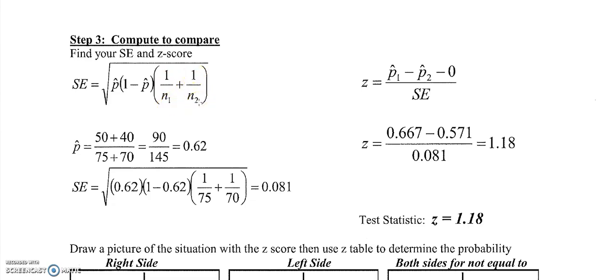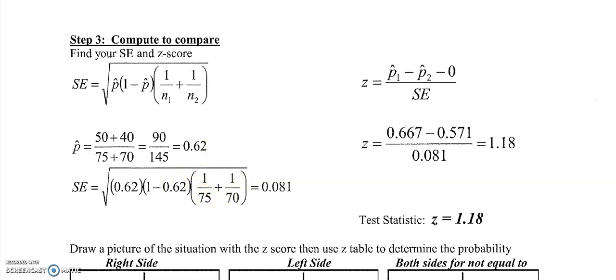But in this case, we have 2 p hats, so we're going to use a combined p hat. So to find the combined p hat, you take the numerators, 50 plus 40, add them up. Take the denominators, 75 plus 70, add those up, and we have a combined p hat of 90 over 145, which is 0.62. So again, it's going to be the square root of 0.62 times 1 minus 0.62 times 1 over 75 plus 1 over 70.